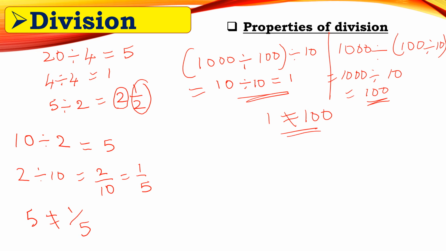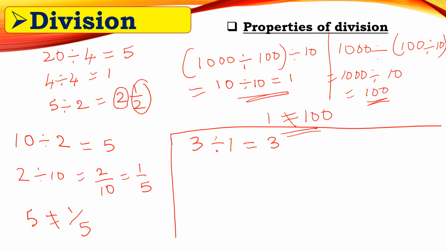Next is the property of 1. What happens if you divide any number by 1? Suppose I take the number 3. If I divide 3 by 1, what do you get? You get the same number. So this shows that dividing any whole number by 1 does not change the number.